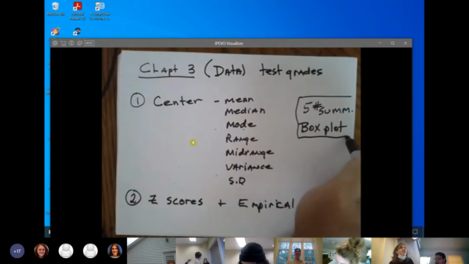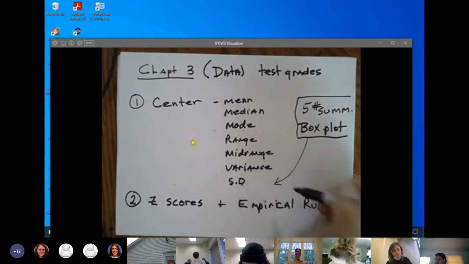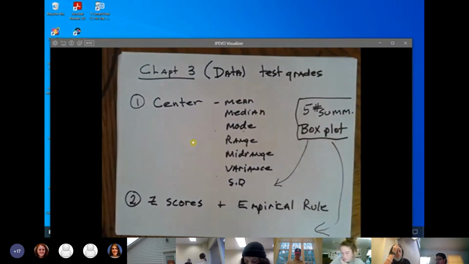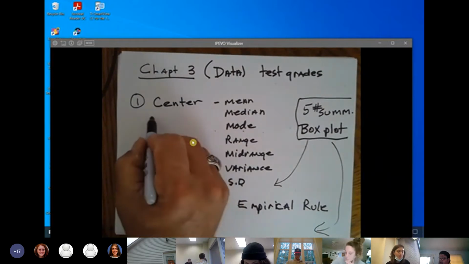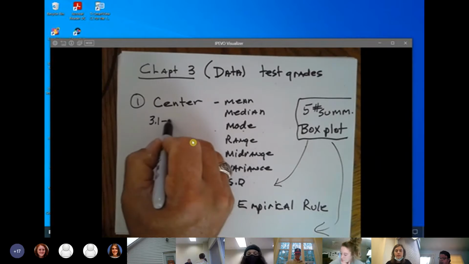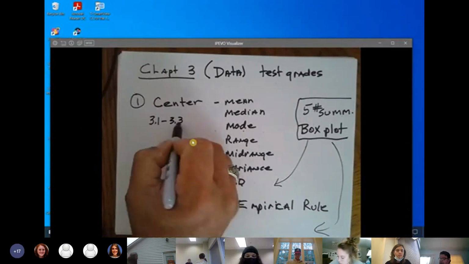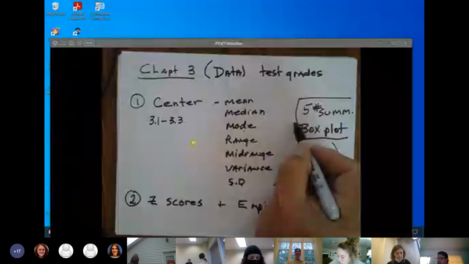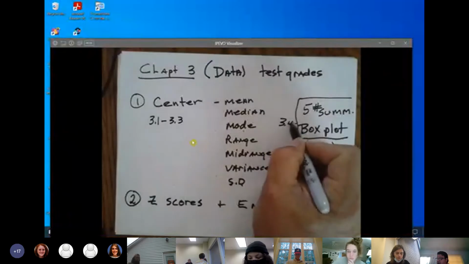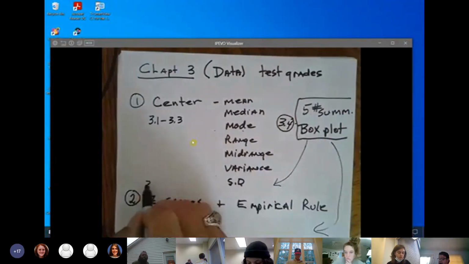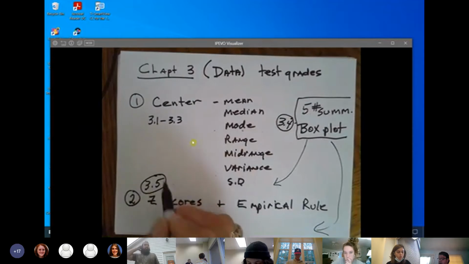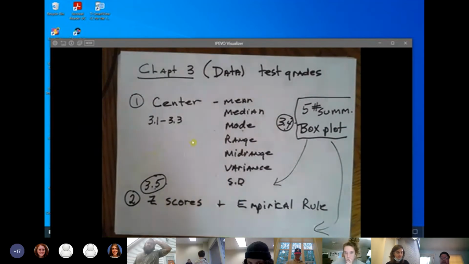That's either in here or it's here. I think this is 3.1 through 3.3. I think this is 3.4. And I think this is 3.5. If I'm wrong, these two are switched. I can't remember. And in this new book, I don't know what they've done different. Okay, so that's chapter 3.